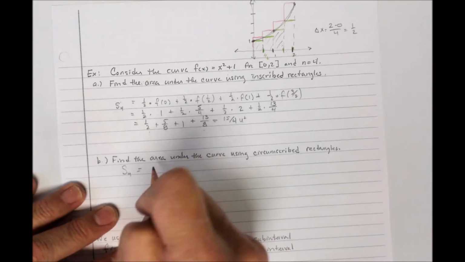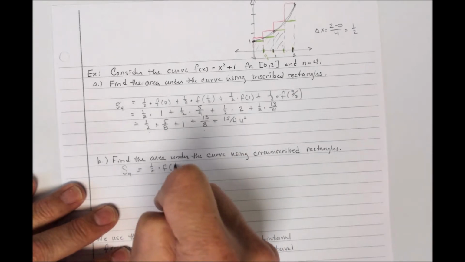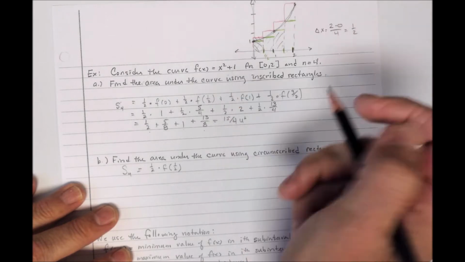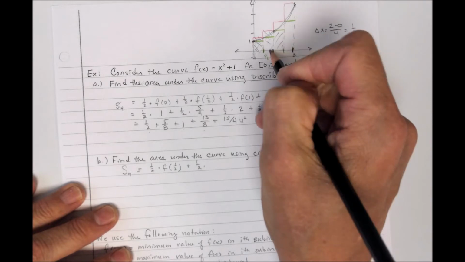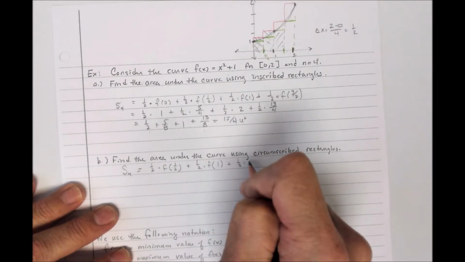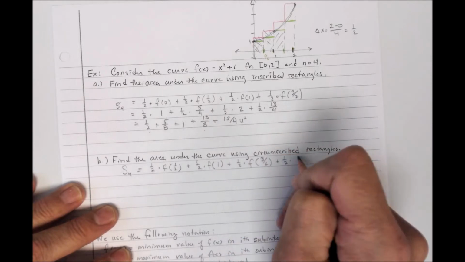And I'm going to write this as 1/2 times f of 1/2 because it's occurring at the right endpoint here, plus 1/2 times at the right endpoint here. That would be f of 1 plus 1/2 times f of 3/2, and then plus 1/2 times f of 2.